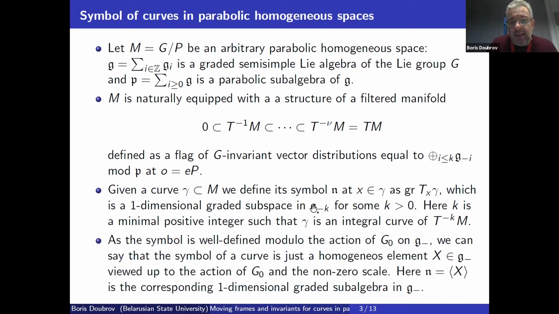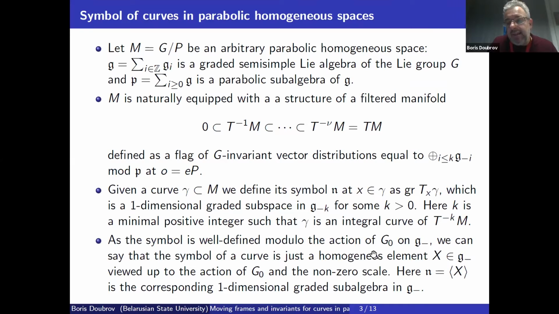I recall that the symbol is defined modulo the action of G0. So the symbol for us today will be a homogeneous element X in g_-, viewed under the action of the group G0 and the non-zero scale.